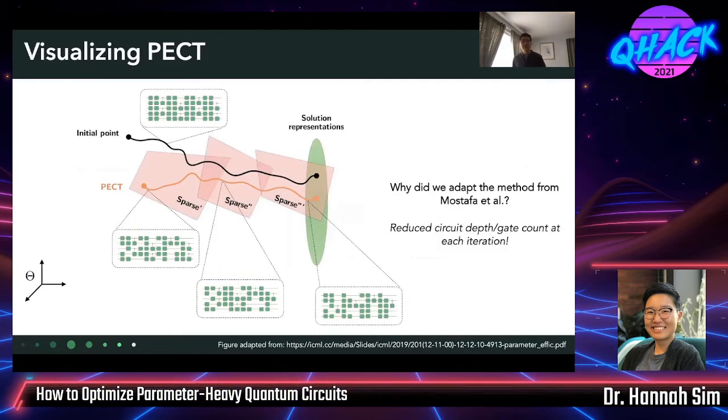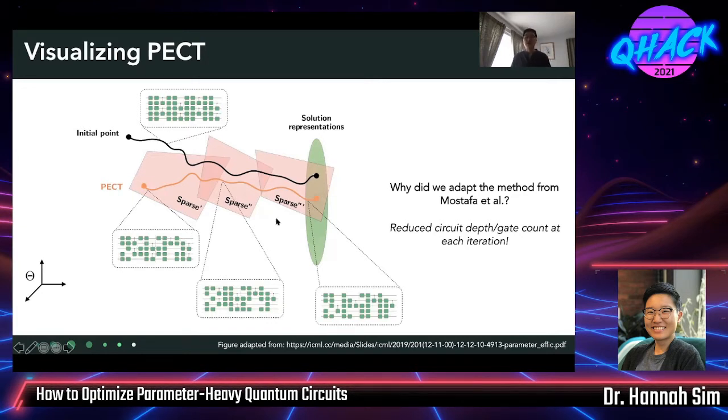And so going back to trying to visualize the optimization run in the parameter space, if your traditional way of optimizing was shown in black right here, where at each point of the path, you're having to execute the entire circuit, in PECT, you're essentially hopping through different sparse parameterizations of your original circuit structure, where at each point in the optimization, you're only executing a partial structure or a fraction of the gates that you had in your original circuit.